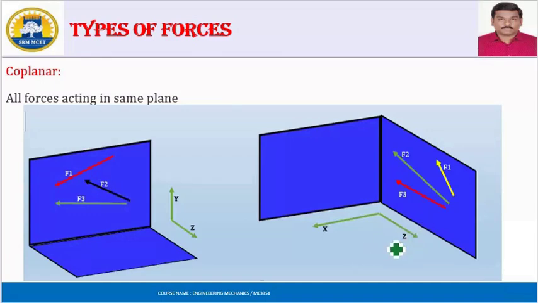See here, the z plane, three forces are acting. Similarly, the x plane. Whether three or four forces act in one plane, that is called coplanar.